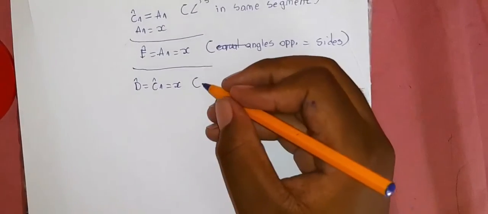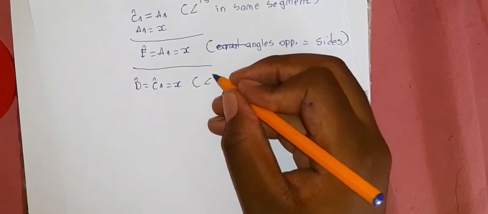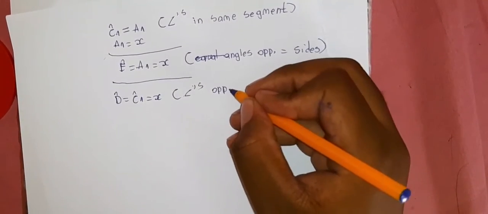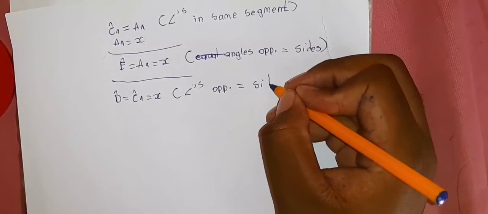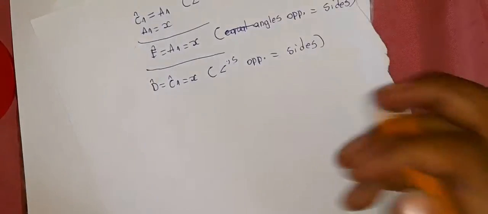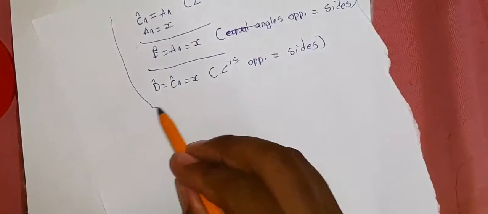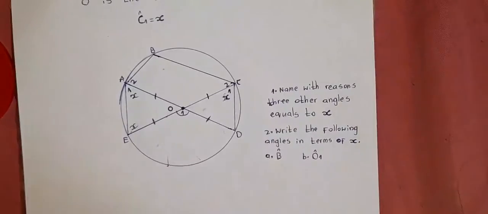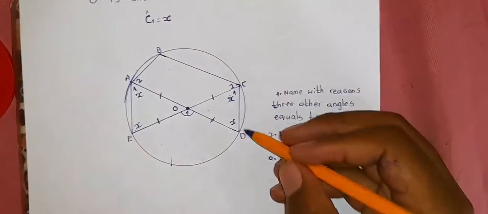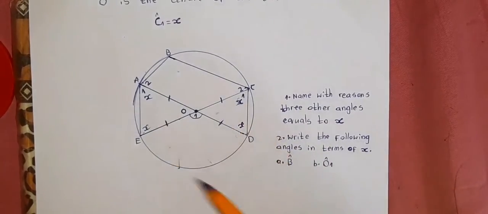Again, angles opposite equal sides, like this here. So we answered question number 1. We are done with this question. All of these angles here are equal to x.